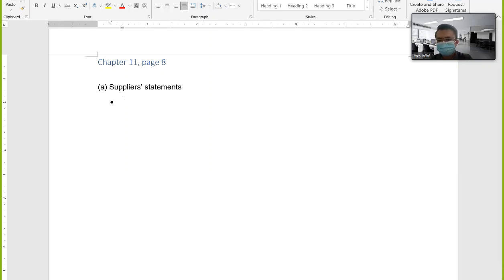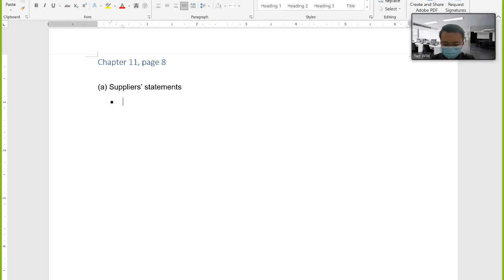If you don't want to write the objective, you can put the work and the now only. To audit the supplier statements, the very first step is to agree the balance. If you can agree the payable balance in the ledger with the supplier balance, congratulations, you have done most of the audit procedures, because a supplier statement is third party evidence, a strong evidence.